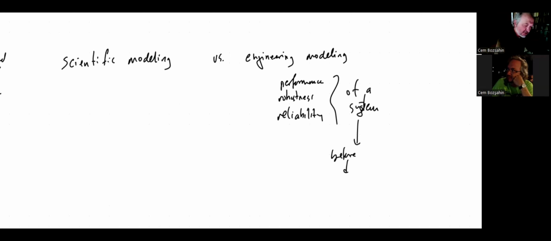In other words, you're going to deploy a system. It's just that you want to make sure that it's high performing, robust, and reliable, so that people can take results comfortably.